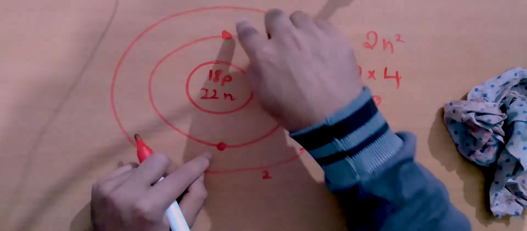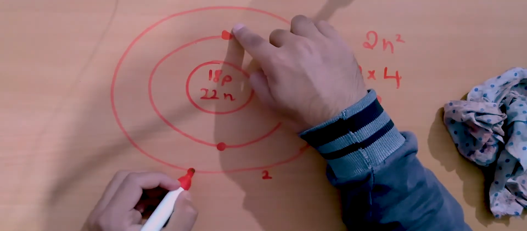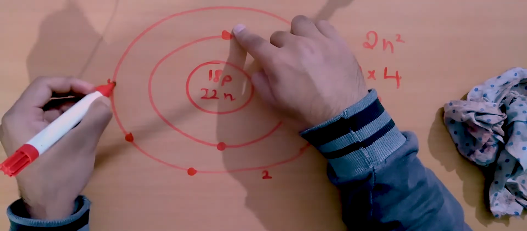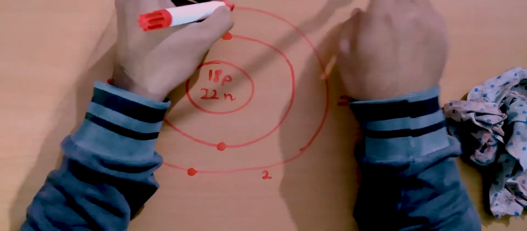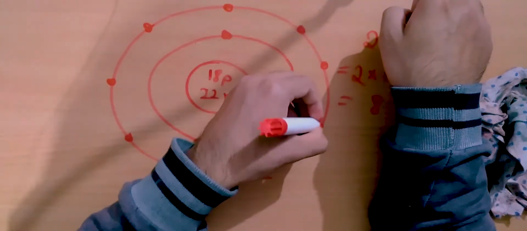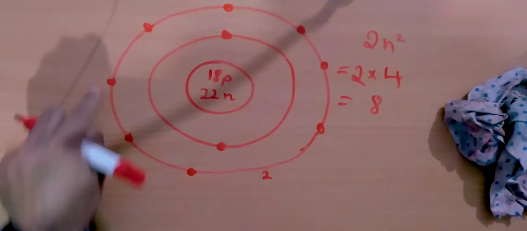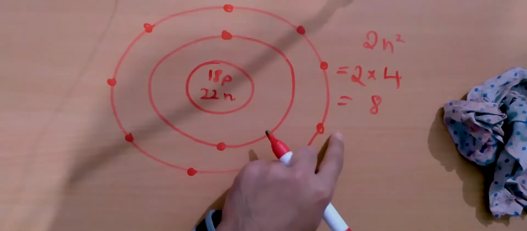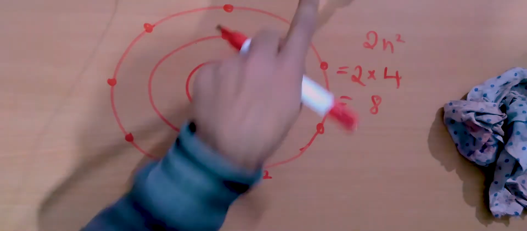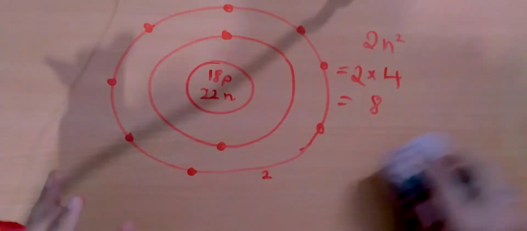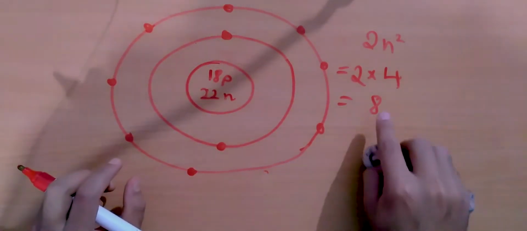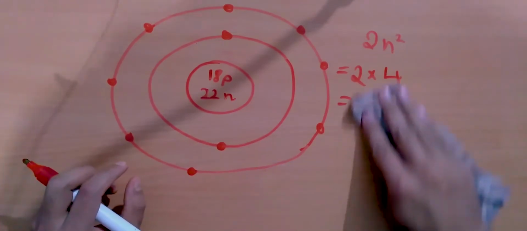Now I have already filled in 2. The third one goes here. Third, fourth, fifth, sixth, seventh, eighth, ninth, and tenth. Now I have filled in 8 electrons in the second shell, so now the second shell is also filled up because it has a capacity of 8 electrons, and I have done that.